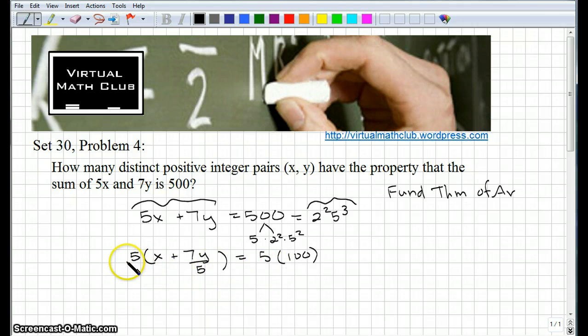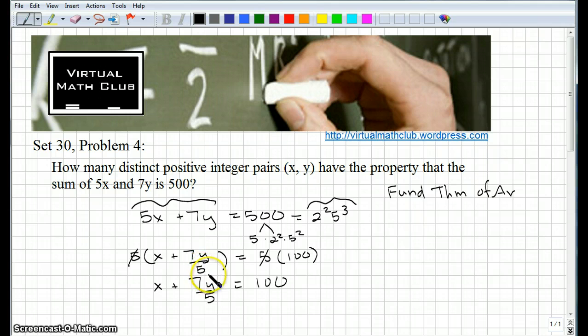I can actually just divide both sides by 5, and then I'll get x plus 7y. Let me just rewrite it. x plus 7y over 5 is equal to 100. Now we know y has to be an integer and x has to be an integer, and it's equal to an integer. So we know that 7y over 5 has to be an integer.